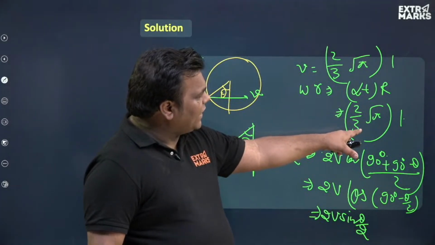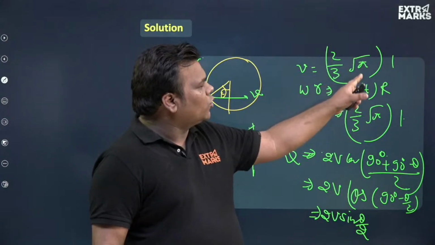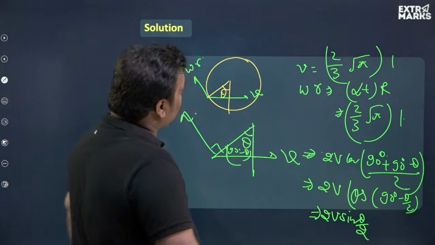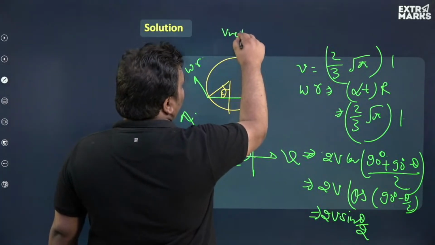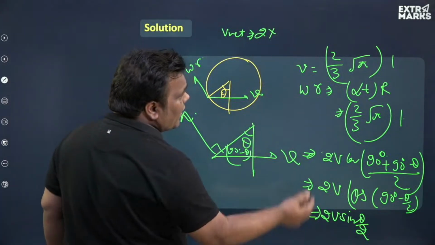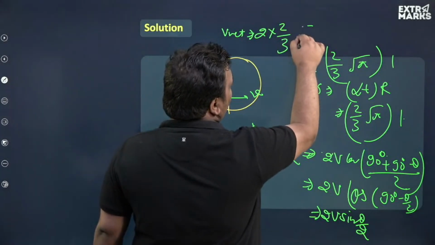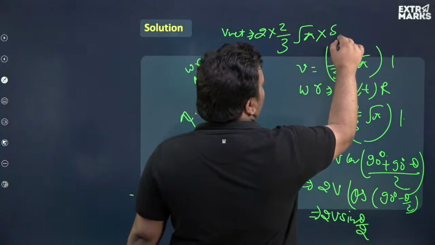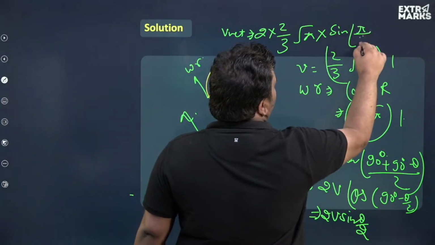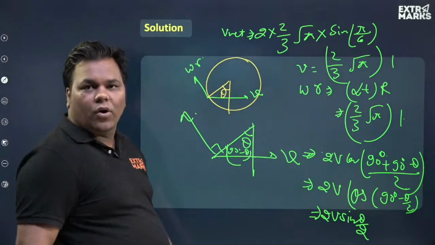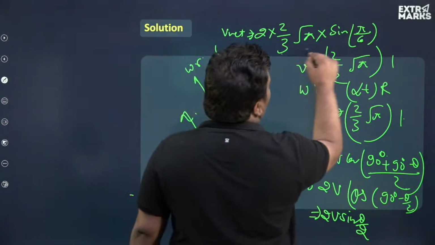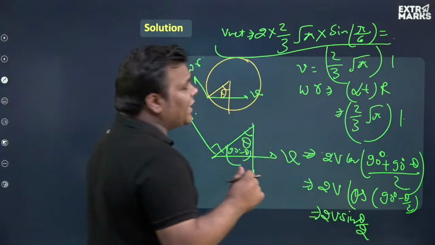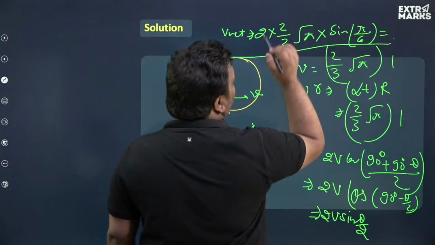What is the value of v? The value of v is 2 by 3 root pi multiplied by 1. I think it's very simple. So v net, I can calculate, is 2 multiplied by 2 by 3 root pi, multiplied by sin theta by 2. What is theta? Pi by 6. Sin pi by 6 is 1 by 2, so the 1 by 2 cancels.